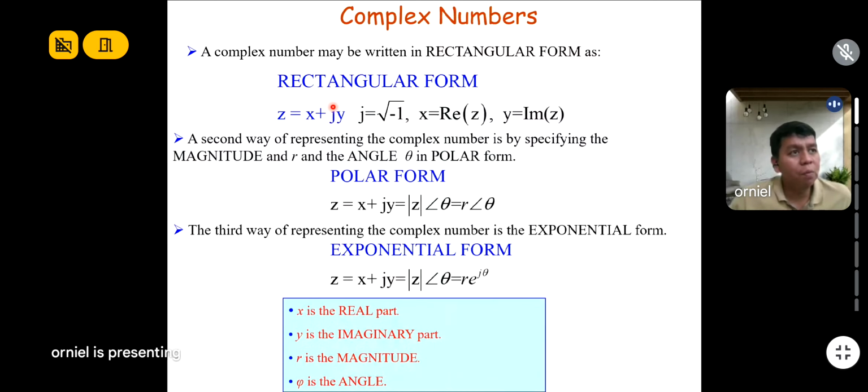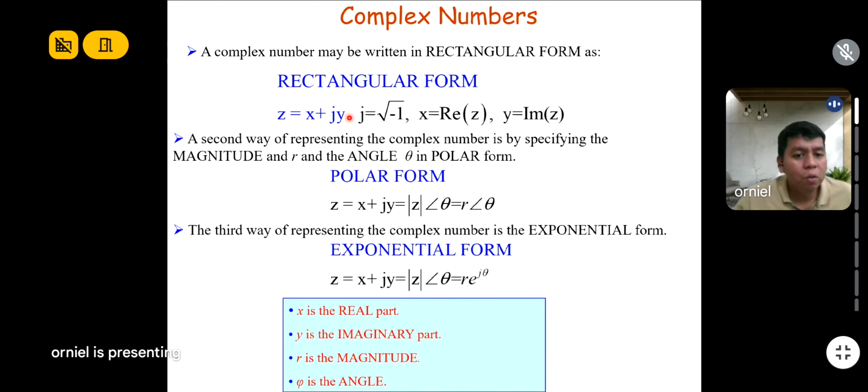In differential equations, the imaginary is i. But in circuit theory, complex numbers use J so we don't confuse it with current. If you see i, that means current in circuits. So the imaginary is denoted as J, which is the square root of negative 1.